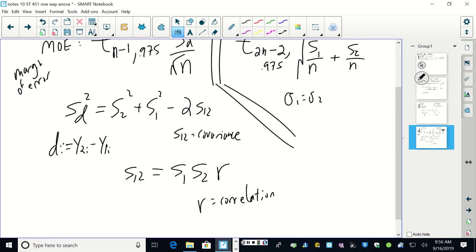We're going to make some assumptions about these magnitudes. Let's assume, so we can do a comparison, that S1 and S2 are equal and about 1. Then this is 1 plus 1 minus 2 times, well, let's write that on the next page.